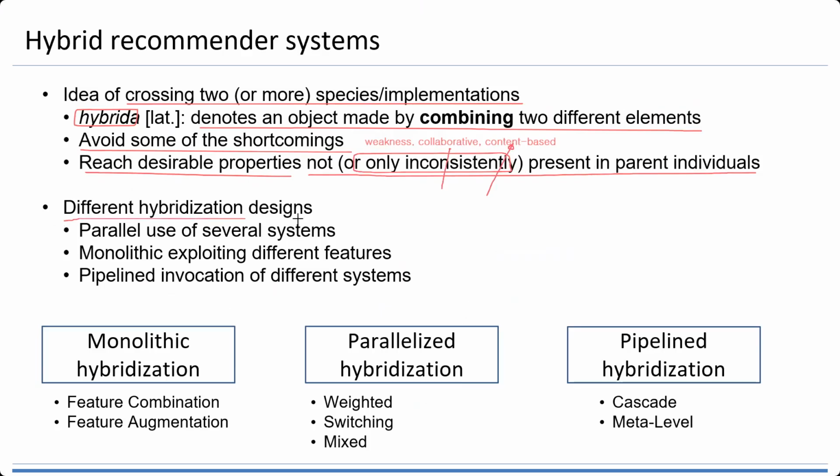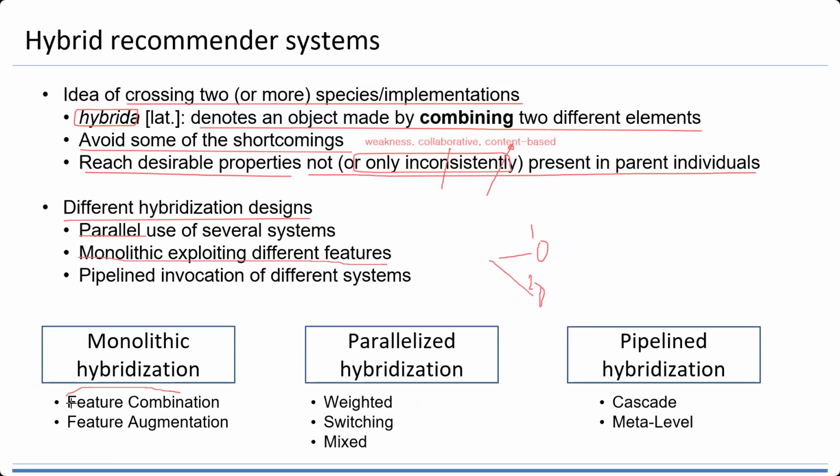So for different hybridization strategies, we can use the parallel. Parallel means, in the recommender system, we can split the first and the second one at the same time. Monolithic means just trying to explore or exploit different features.